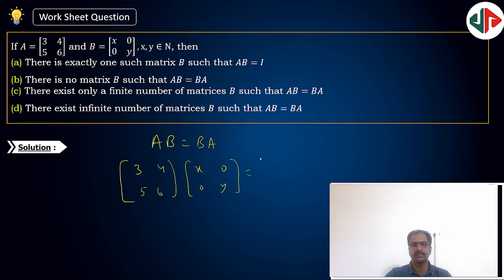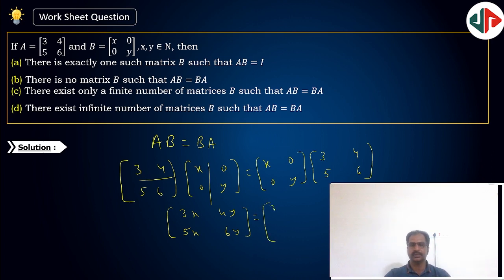Multiply x, 0, 0, y into 3, 4, 5, 6. If you multiply these two, then you get 3x here, 4y here, 5x here, 6y here, 3x.